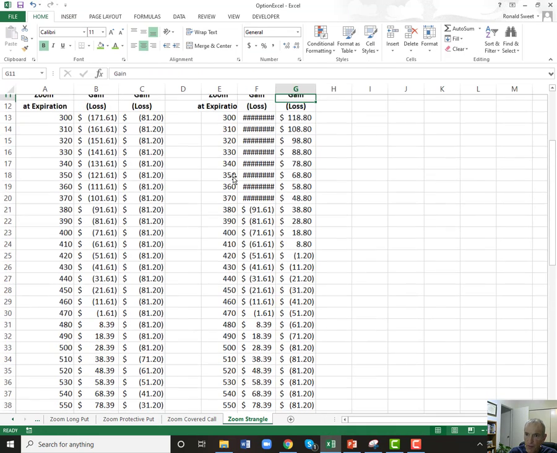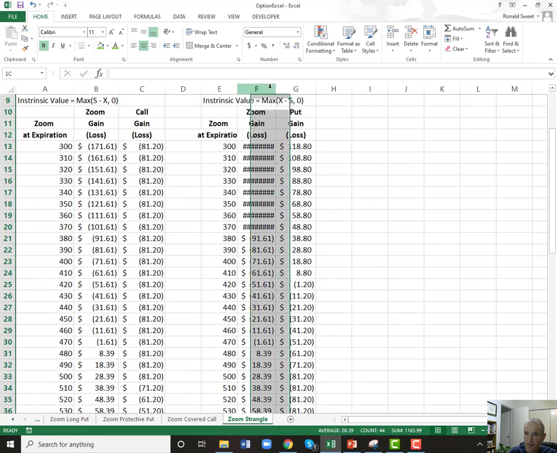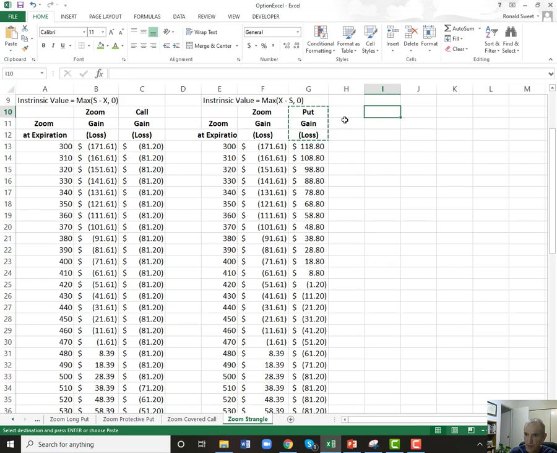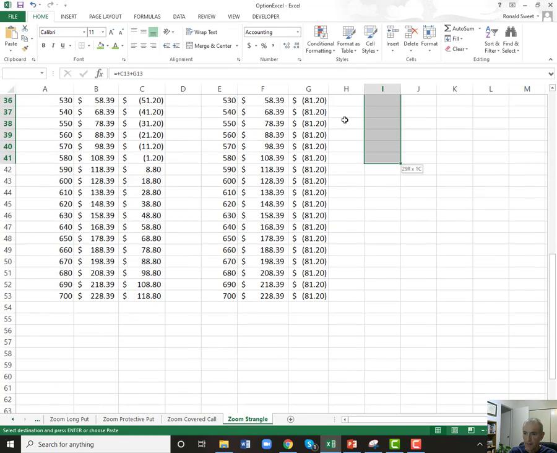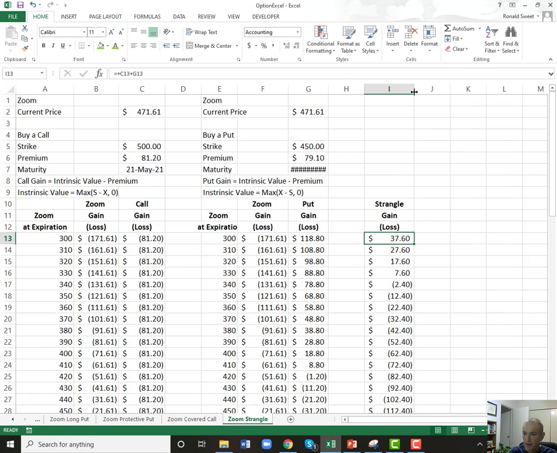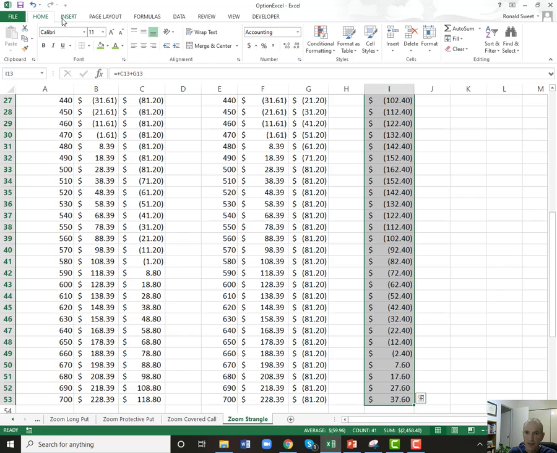So what happens when we add these two things together? So everything lines up. The strangle, so you own the call, you own the put, all you have to do is just add those two things together. And you'll get something that's not quite a V, but it's kind of got a V shape to it.